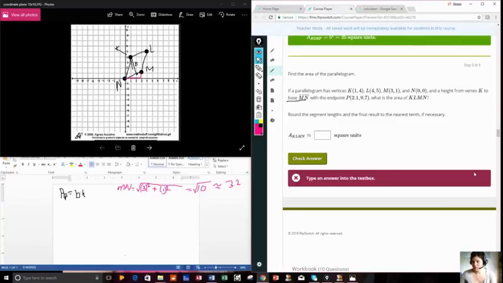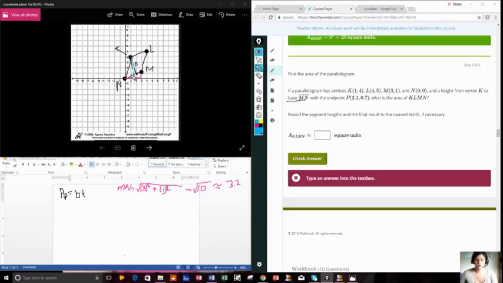Going back, this is one example where I cannot just use a straight horizontal and a straight vertical, because if you look at my height line, it starts at K and it comes down, and this part is slanted, so it's not a straight horizontal along the x-axis.